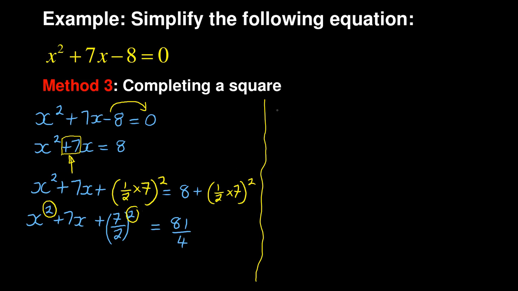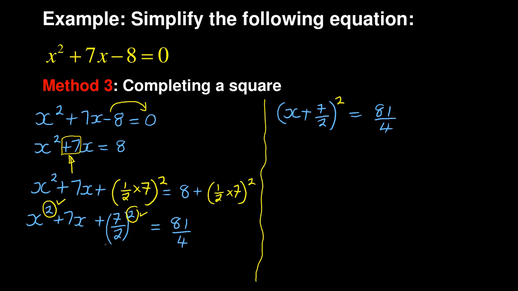If I'm completing a square, I will say x, which is the one that has that particular square, as you can see, and I'm going to say plus the other one that is a square is this part, which I will write as 7 over 2. Now I'm going to put this particular square outside like that. I hope you're seeing this is equal to 81 over 4. So when I've done that, this is what they mean when they say complete a square. I've managed to complete a square in this way.